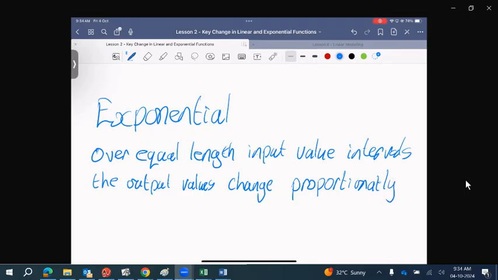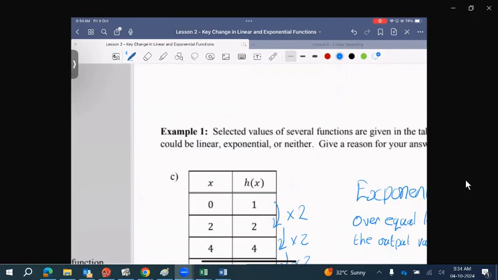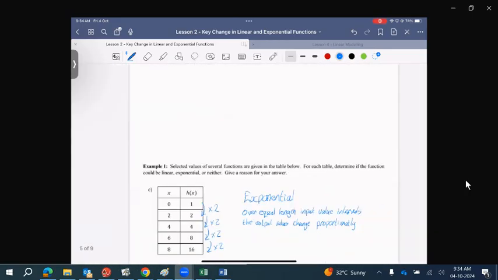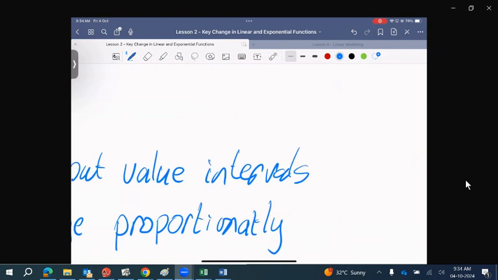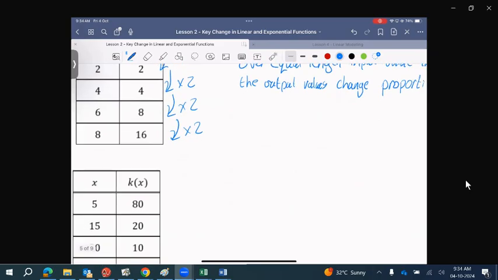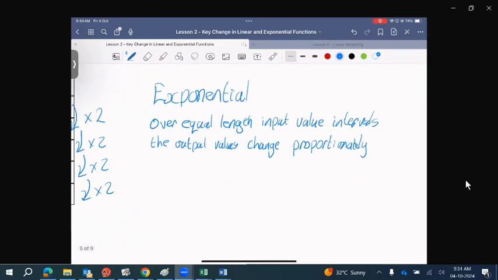Did I miss it? I missed a letter. It's an E. I'm missing an E. Proportionately. All right. Well memorized. Please, let's memorize these phrases.